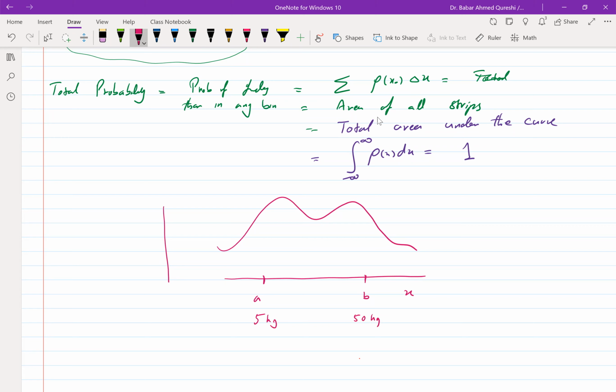Now you have a distribution. Maybe there's some bin around here at 25, which has a lower probability than this. But you can count these strips.